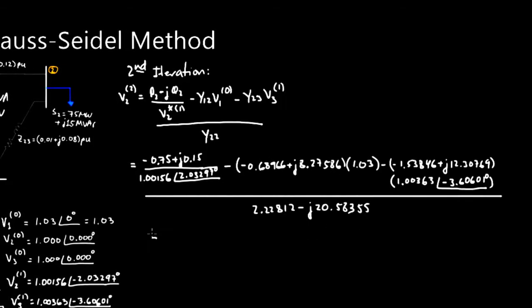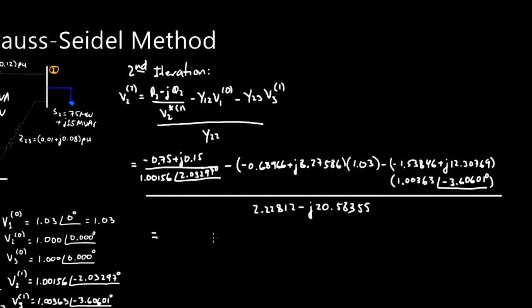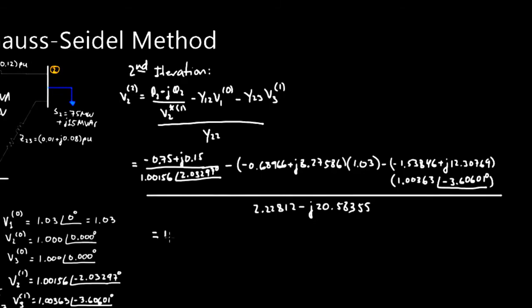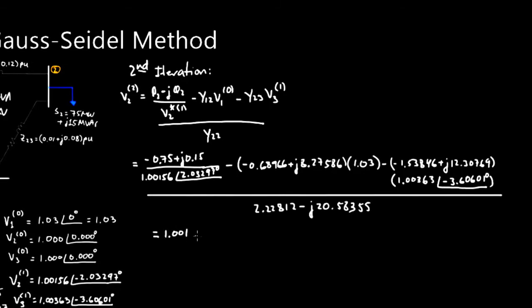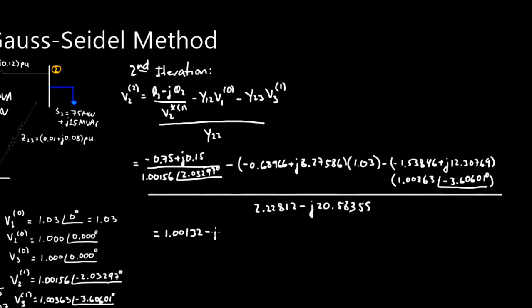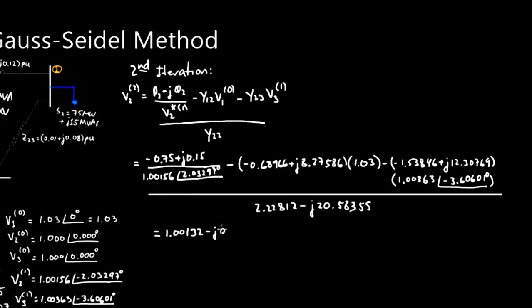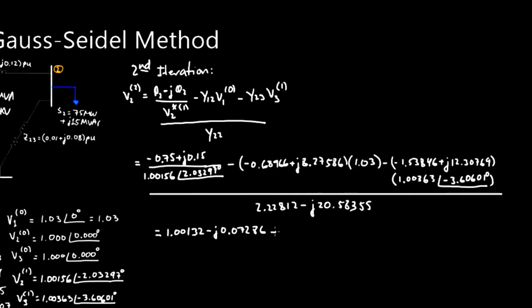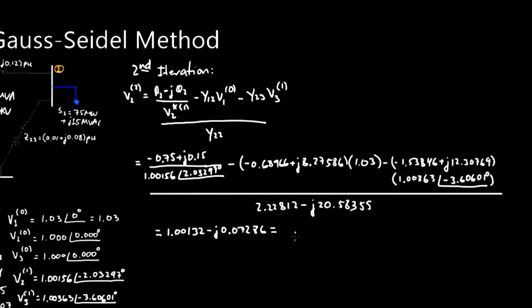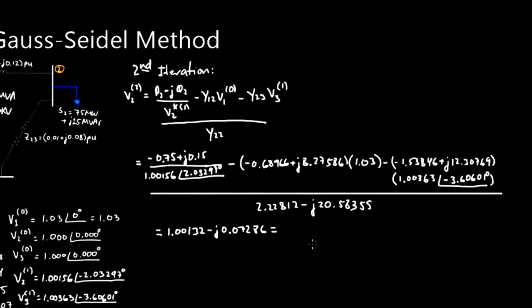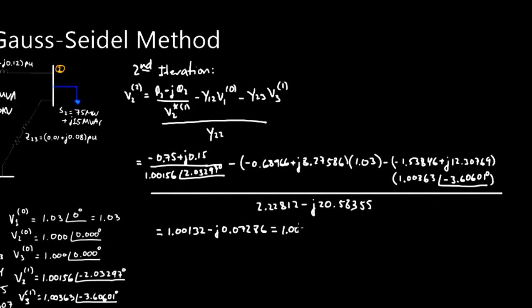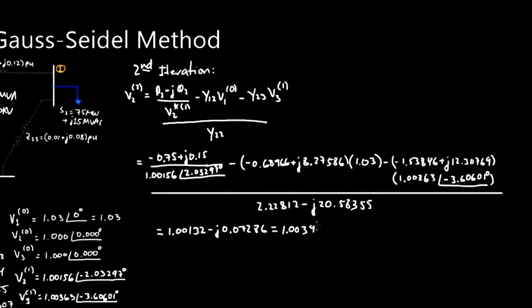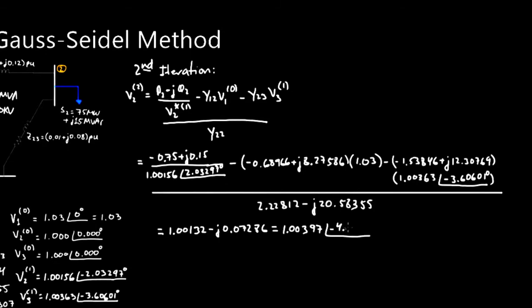And so if I calculate this, I would get that V22 is going to be equal to, in rectangular form, 1.00132 minus J0.07286. And let's also convert that to polar form, just so we can compare it to this number over here. So we get that that's equal to 1.00397 at an angle of minus 4.16173 degrees.